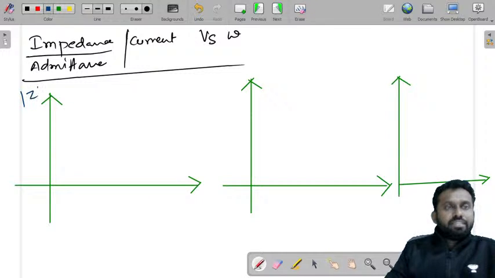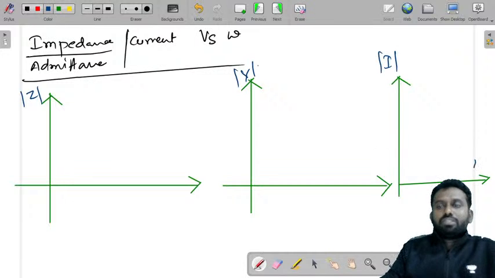So this is impedance versus frequency, admittance versus frequency, and current versus frequency.